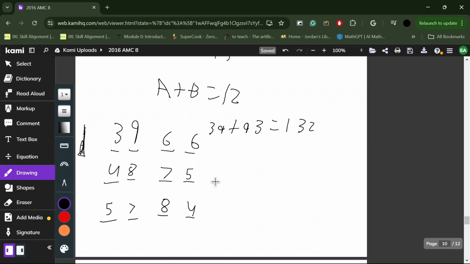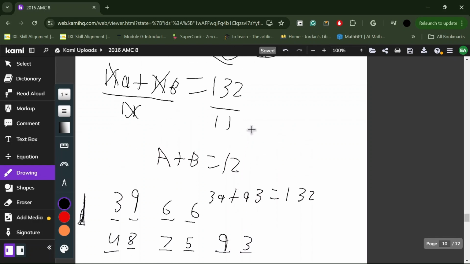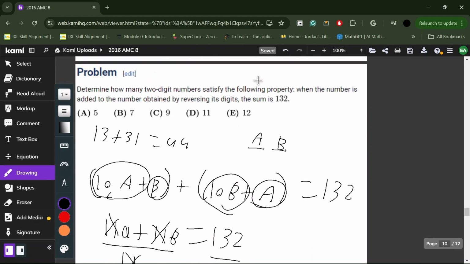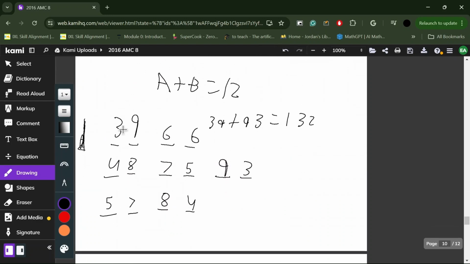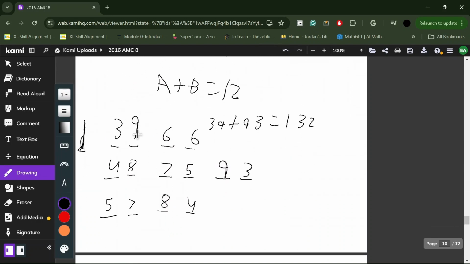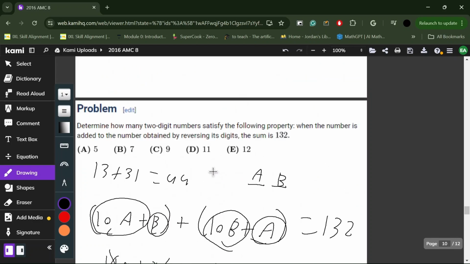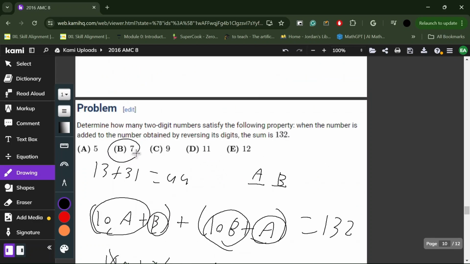And then finally, we have 93. Now, if you go back to what the question's asking us, it's asking us how many numbers. So if we count them all, we have 1, 2, 3, 4, 5, 6, 7 numbers. So the answer is B, which is 7.